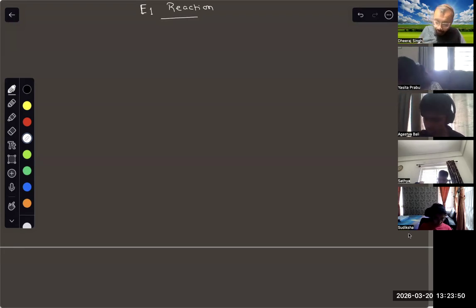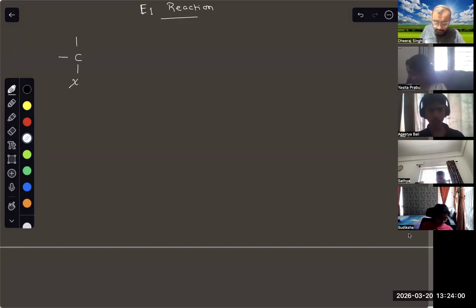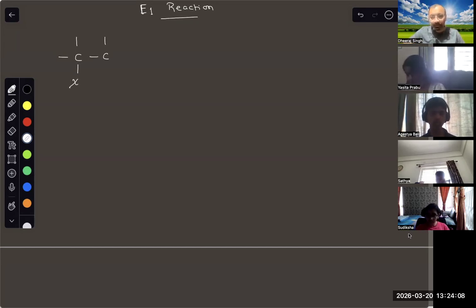Let me show you a typical elimination reaction. This is the typical elimination reaction. This is a halogen. Most of the time I'm using halides because halides are very good leaving groups. Almost 50% of alkyl halides will be over by the time we finish the reaction mechanism itself. So X is a halide.